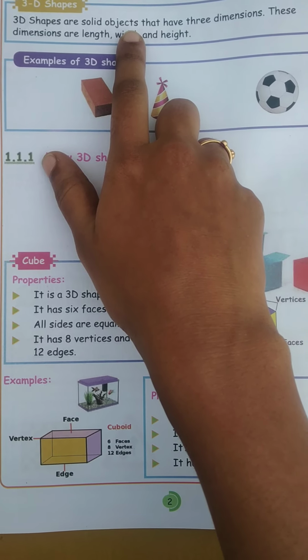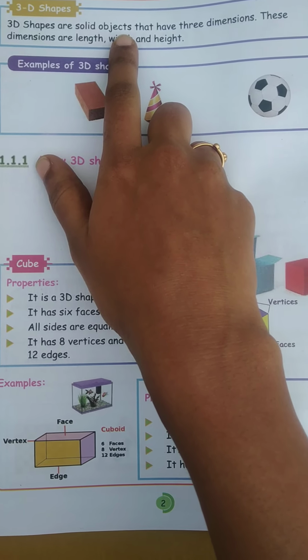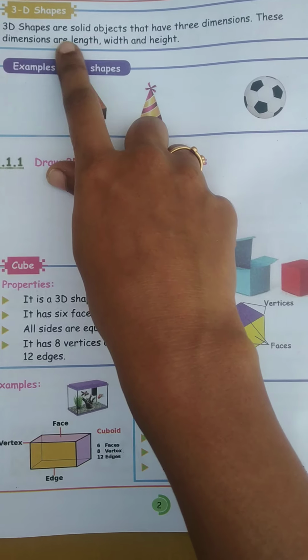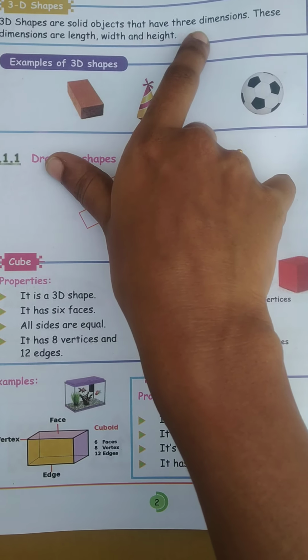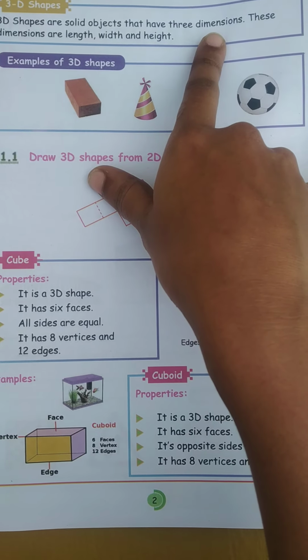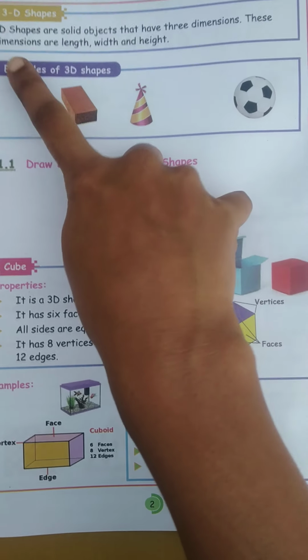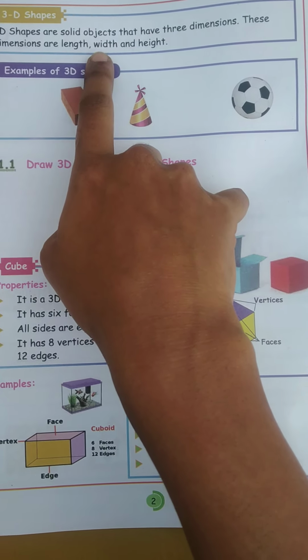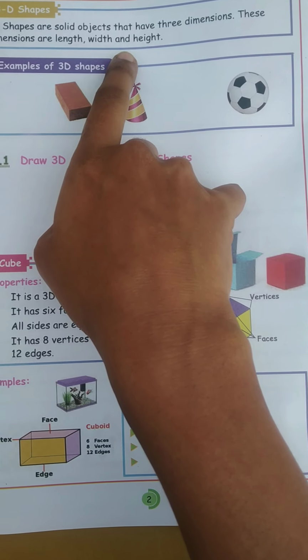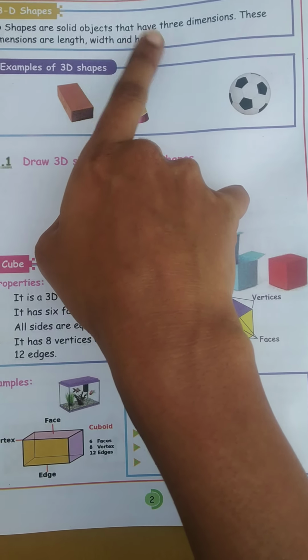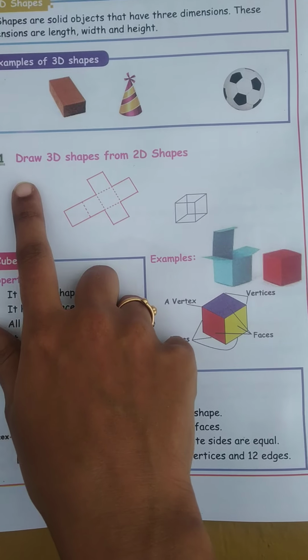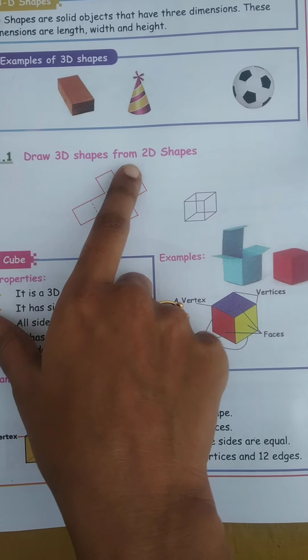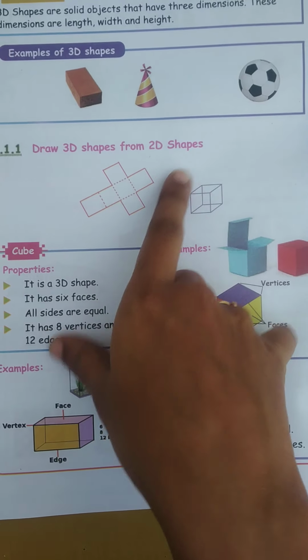You have learned from third standard onwards. So 3D shapes are solid shapes that have three dimensions. These dimensions are length, breadth and height. Draw 3D shapes from 2D shapes.